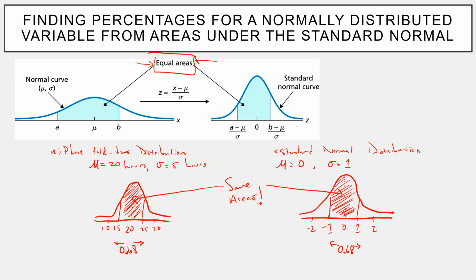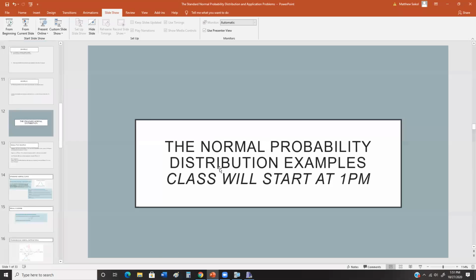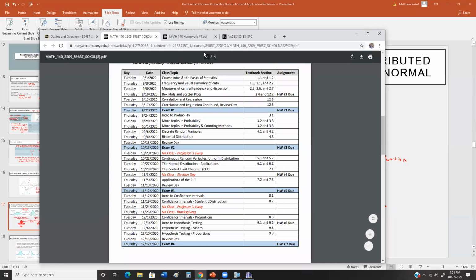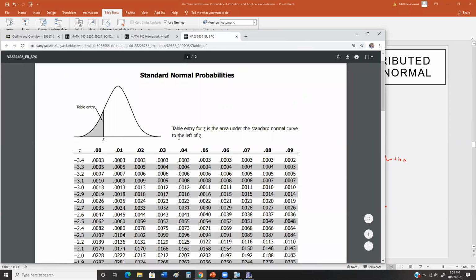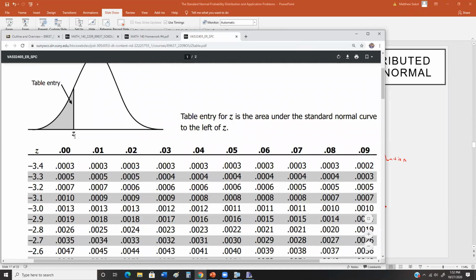All right, why is this so cool? Look at this chart that you have. This is called standard normal probabilities. What variable do you see right here? Do you see the Z?